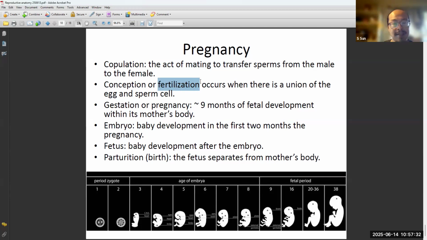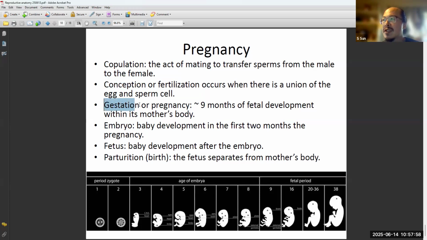We don't know exactly when because that's inside the body, so we can estimate by knowing when your last menstruation was and adding about 14 days. You estimate that will be your fertilization day. Fertilization and conception are the same thing, meaning that sperm and egg meet each other. It's the beginning of life.